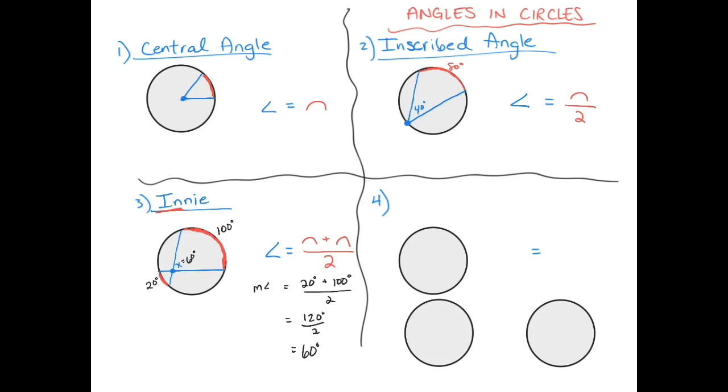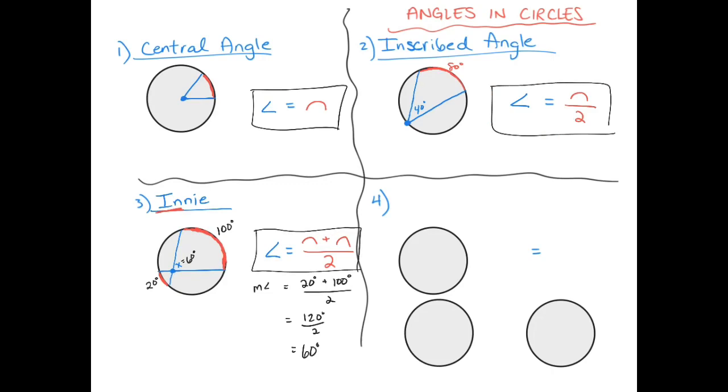Alrighty, so we saw a central angle, we saw an inscribed angle, we saw an innie, and now we'll see what I like to call an outie. With an outie, the vertex is going to be outside the circle. So here's an example of an angle that's outside the circle. Vertex outside, we call it an outie.